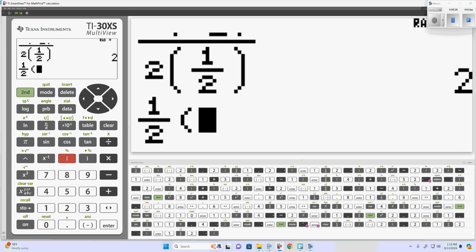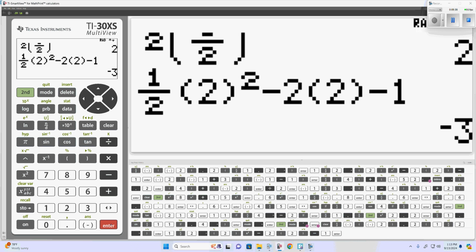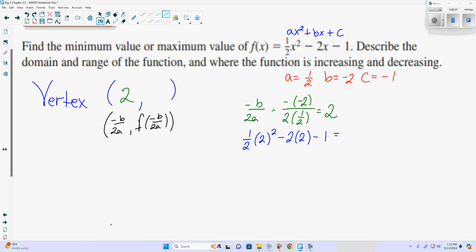It gives us negative 3. So our vertex is the point (2, -3).